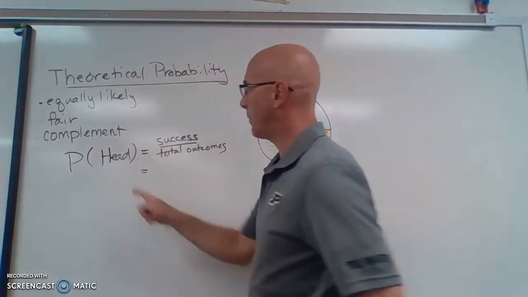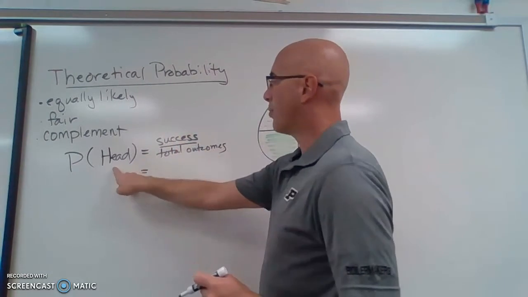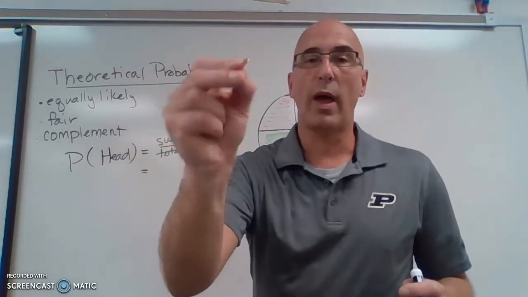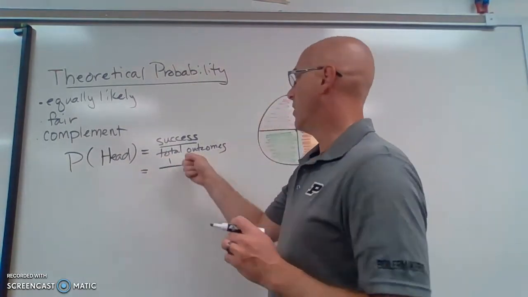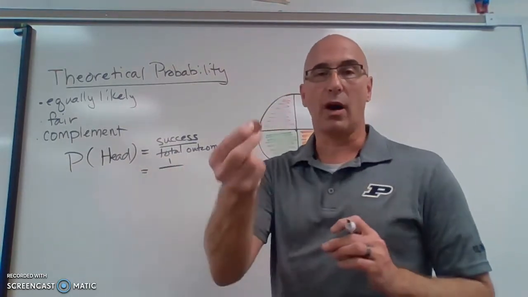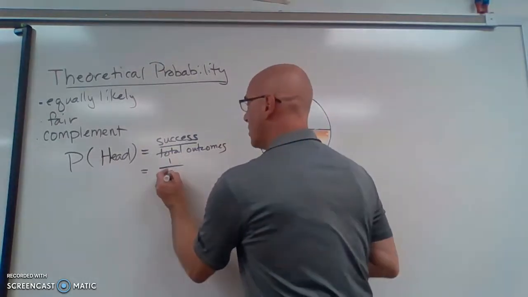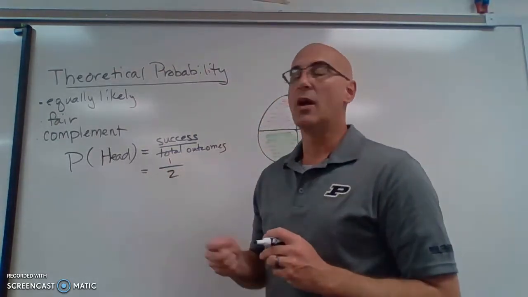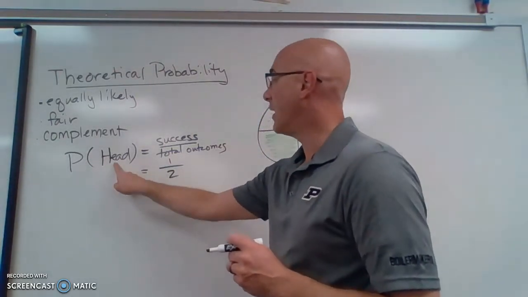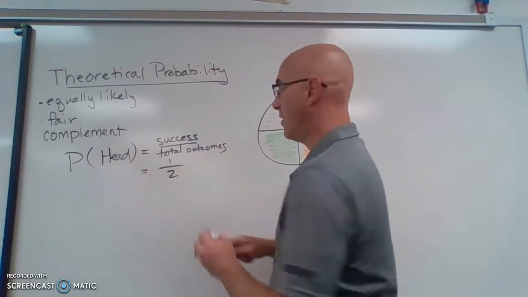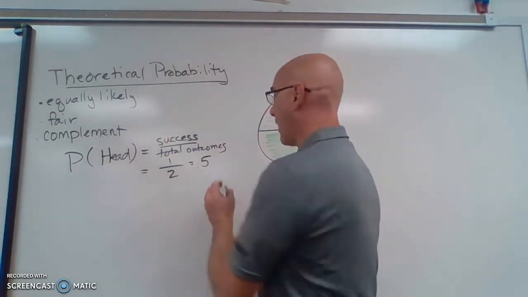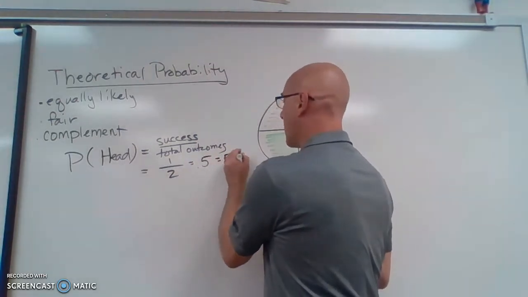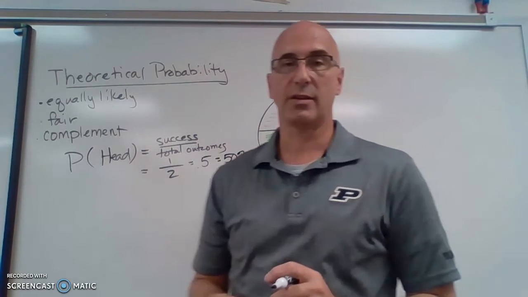So in the coin flipping, if I want the probability of a head, there's only one way I can get a head. So my numerator is 1. The total number of outcomes, heads or tails, would be 2. The probability of getting a head is 1/2. Or we could change that to a decimal, 0.5, or we could say 50%.